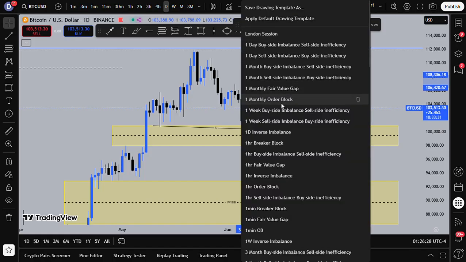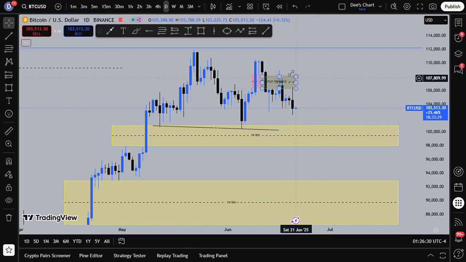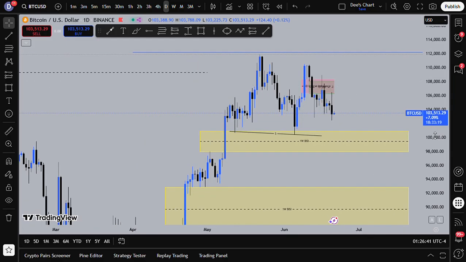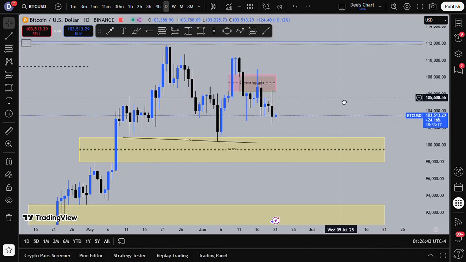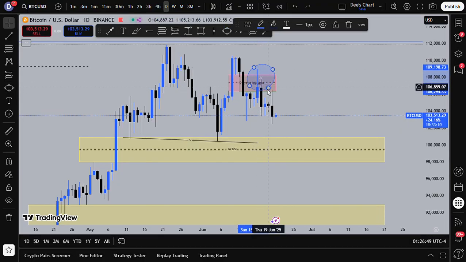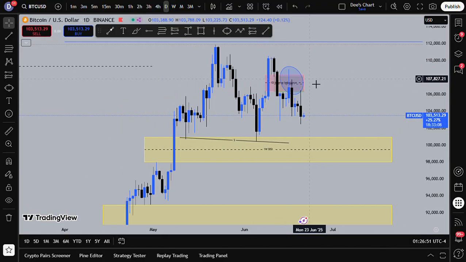So that's my one daily inverse fair value gap. This is called a balanced price range, where a fair value gap is overlapped by a normal fair value gap. And inside of here, inside of this blue, we will be looking for an entry.